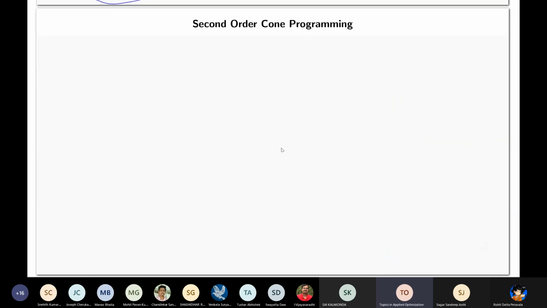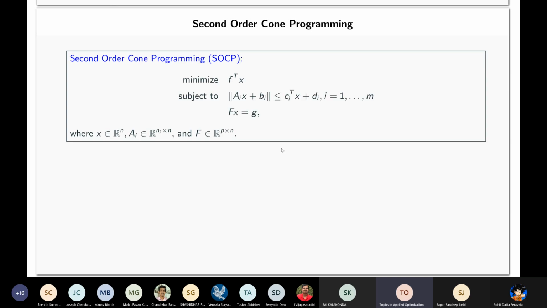Now, naturally, we can keep extending. We can call something second order cone programming, or second order cone optimization problem. Here, again, the geometry that we learned is now helping us to clearly propose these optimization problems. Now we know the concept of a cone, and that can be used now.